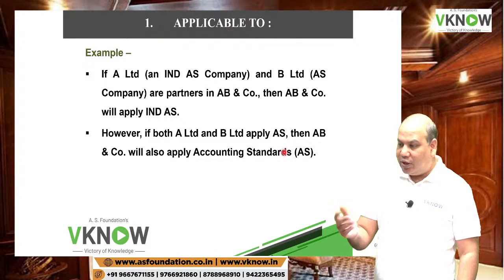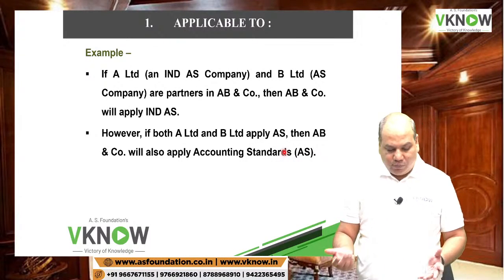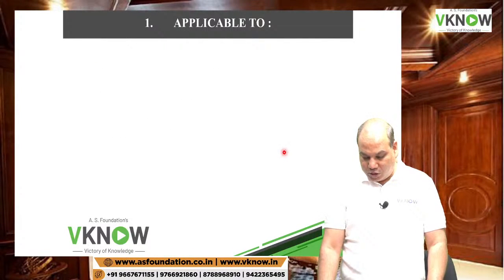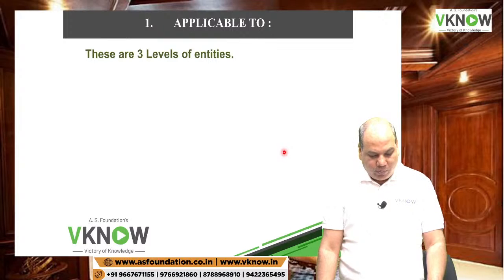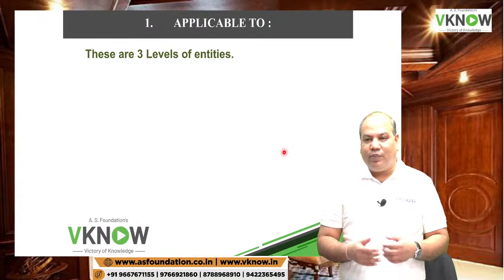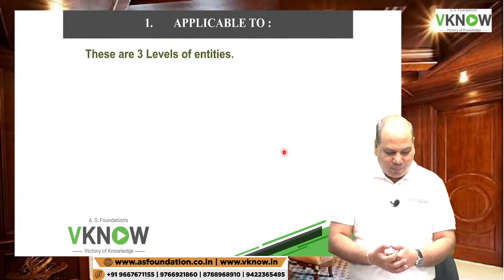If both A and B follow AS, both A and B Limited are AS-based companies, of course now the partnership firm will also follow accounting standards. So the life of a partnership firm will become difficult if some partners follow AS, some Ind AS and some US GAAP. Everybody will want the data in their principle, their GAAP.